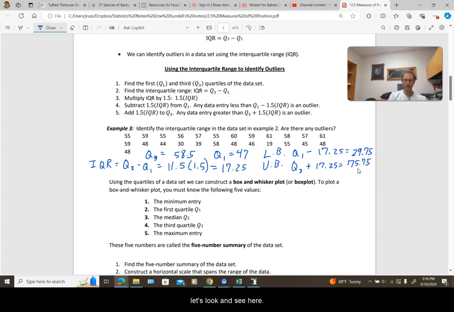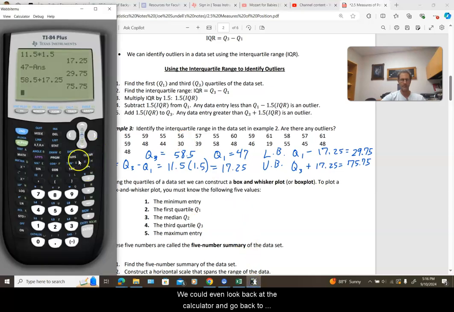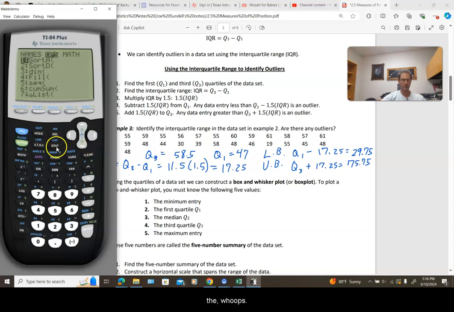All right, well, let's look and see here. Do we have any that are going to be outside of this range? I don't see any that are below 29.75. The smallest that I see is 30. We could even look back at the calculator, go back to the one variable statistics. It'll give us the minimum. Oh no, there is one, 19. See, glad I checked that.